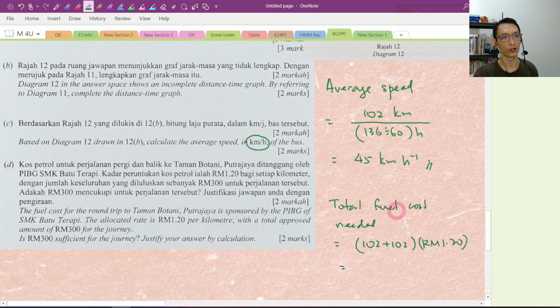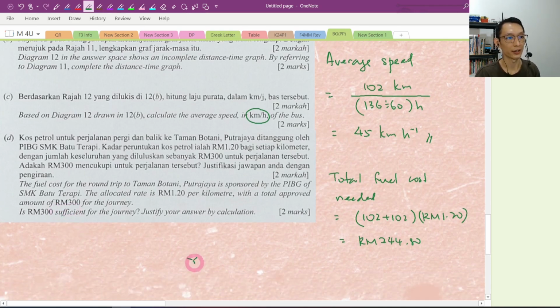This is the total cost. So you need RM 244.80. Okay. So is 300 ringgit sufficient? Yes. RM 300 is sufficient.